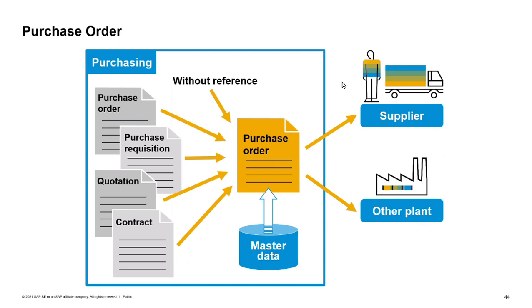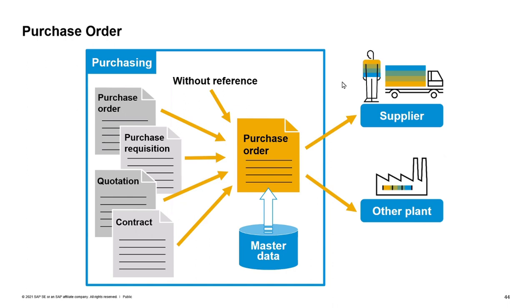It can be created with or without reference to a PO, quotation, contract, or converted from a purchase requisition. You can also enter a purchase order without referring to an existing document in the system. So when you create a purchase order for materials that have a material master record, the system transfers data from the material master record to the purchase order.